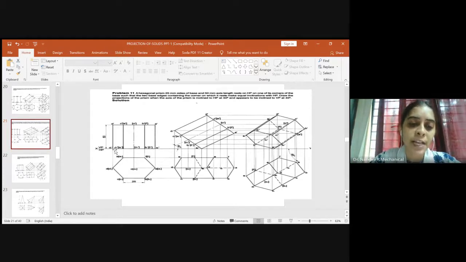So you will write C1 dash outside the bracket and E1 dash within the bracket. And similarly, the center. Here you will write the center axis for the bottom surface as O1 dash.